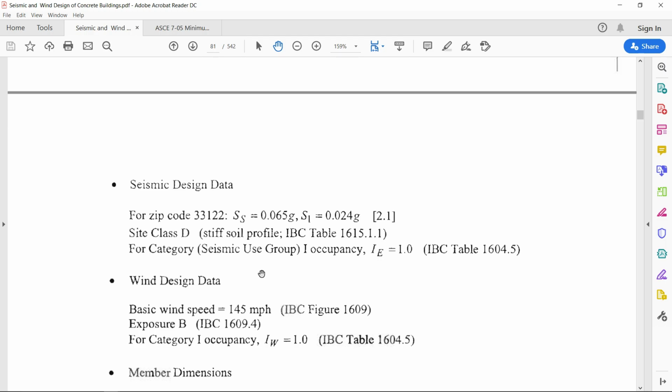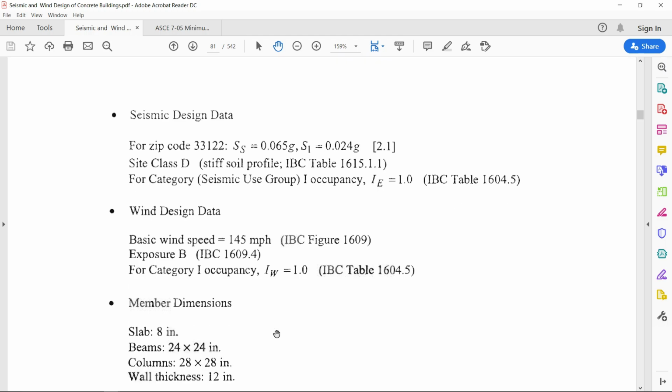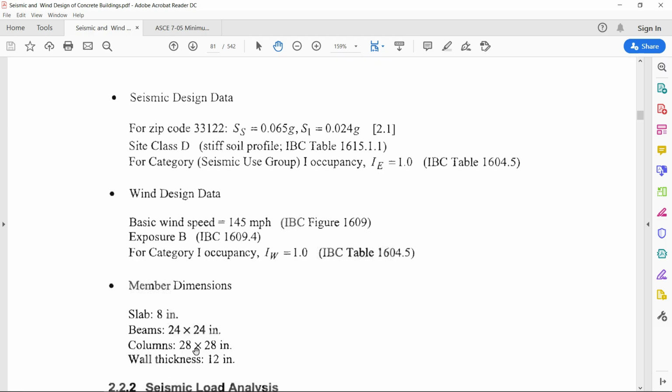And the wind speed was 145 miles per hour, exposure was B, and occupancy for wind was again 1. Dimensions were like that.